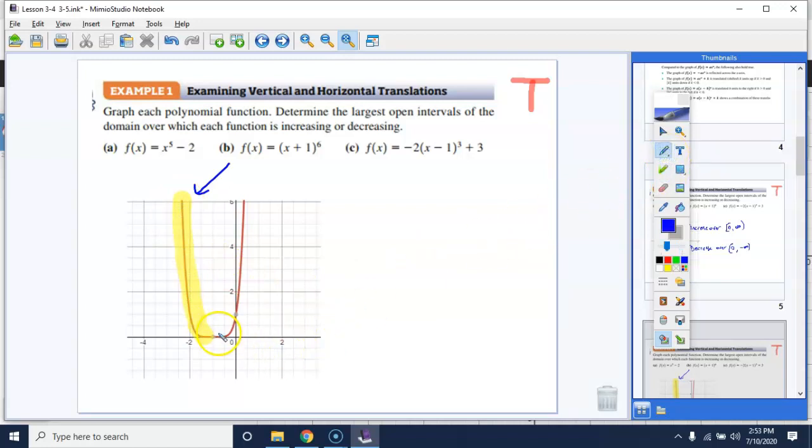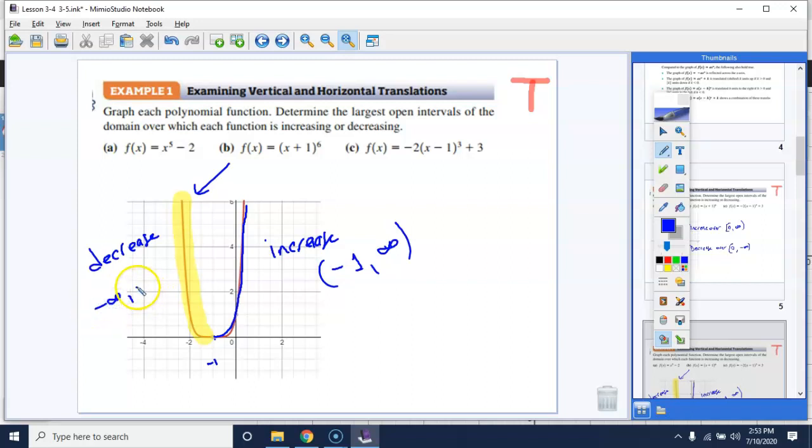But here it has been increasing, right? So the increase is over negative 1 to infinity, because this number is negative 1 here. But on this side it's decreasing over negative infinity to negative 1.